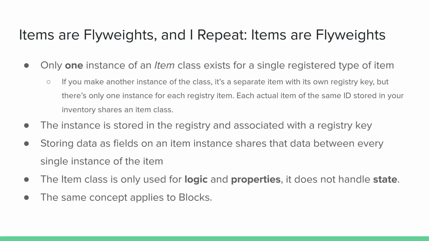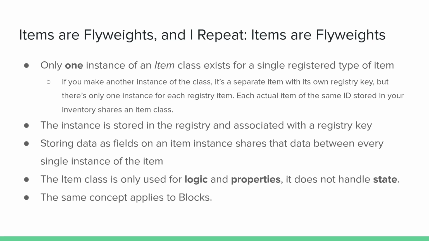So if I were to get an exploding stick and my friend had an exploding stick, they're both using the same item class. But if I were to register exploding stick 2 using a new instance of the same class, those ones would share their own instance. So they're not unique, basically, is what I'm trying to get at. This is the same for blocks in Minecraft. Every block shares classes between each registry entry.